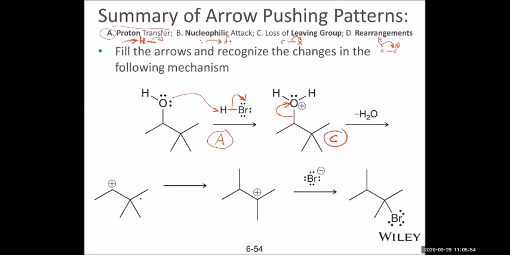This bond needs to break, and the methyl group here carries both electrons and lands on this carbon. It should give us a new structure, a new bond. This bond breaks, and also this carbon, since it loses the two electrons in between, has a positive charge.